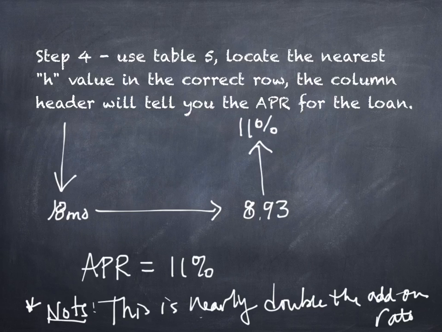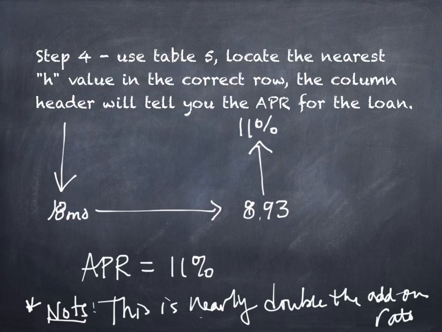We used that 8.93, and then we backed up to the top of that column, and that was the APR value for this particular transaction. And it was 11%, which was nearly double the add-on interest rate. So that actually addresses the first of the issues from the Truth in Lending Act. That is, how much interest are we really paying? Okay, so any questions on those particular pieces?